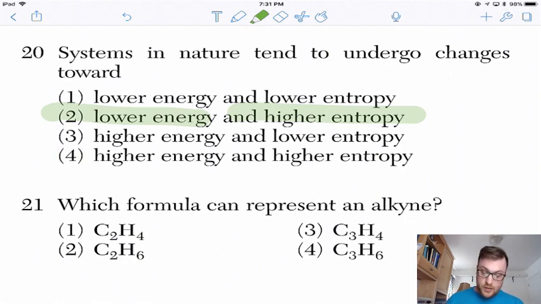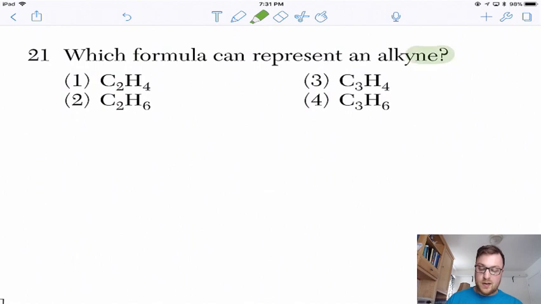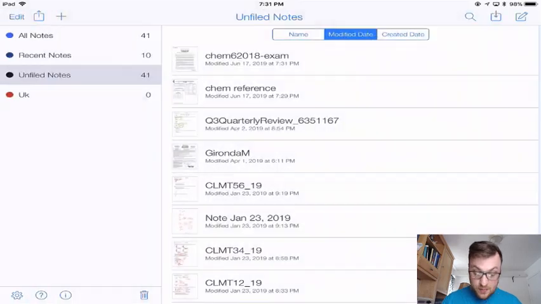21. Which formula represents or can represent an alkyne? So, this is another thing where we have to say to ourselves, what's an alkyne? And if it doesn't jump out at me, maybe the reference table can help. It can.